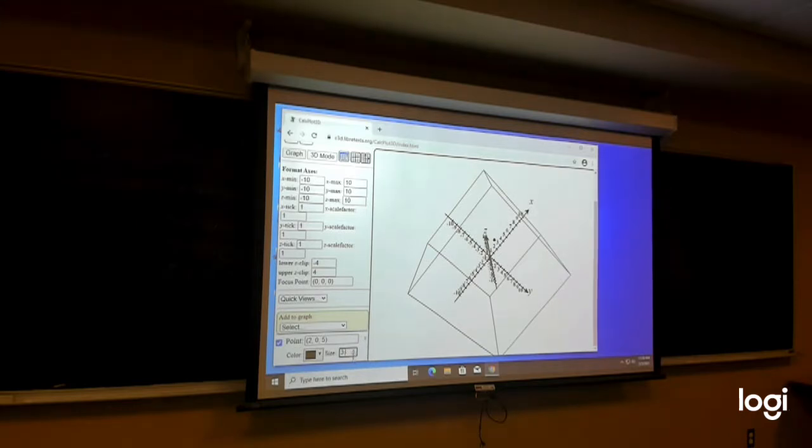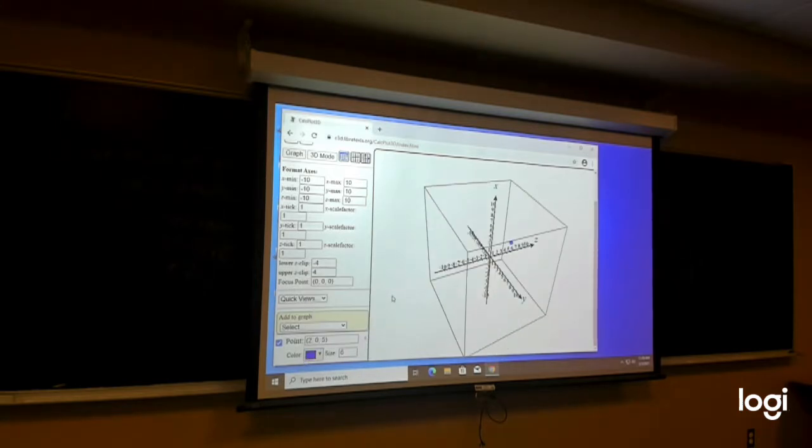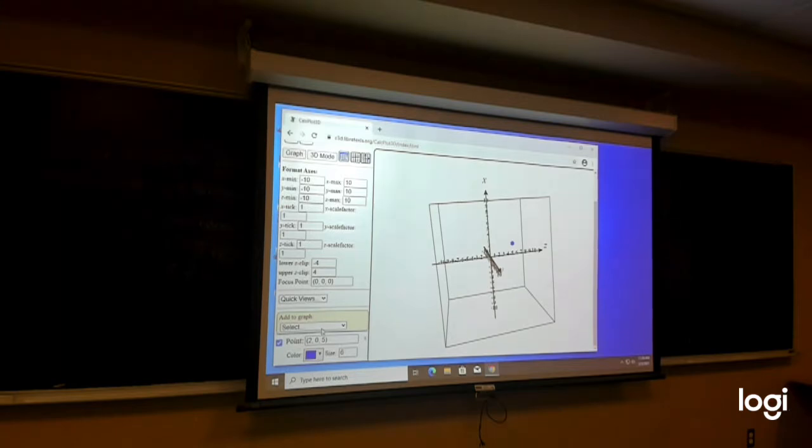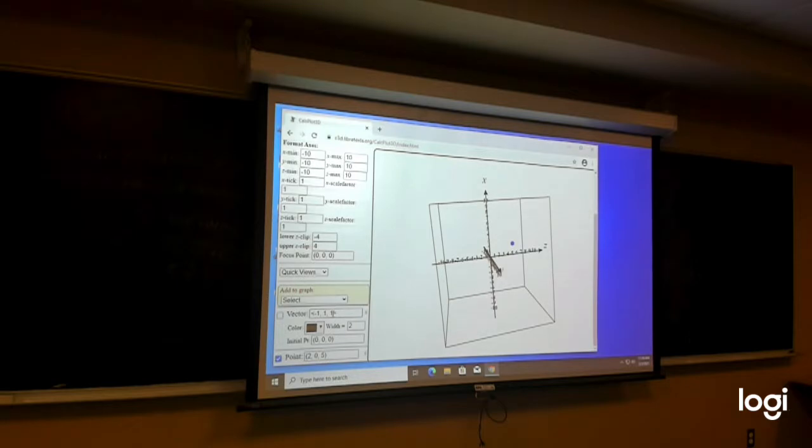extra big so you can see it. So if this is our base point, and let's say we have two vectors, both of which are going to stick out of this base point, where our first vector is 2, 4, 1, sticking out of 2, 0, 5, which I'll make this vector, I don't know, purple.